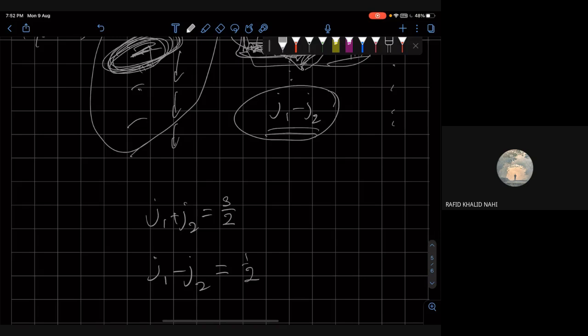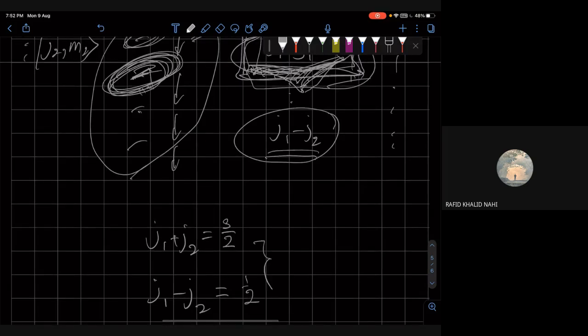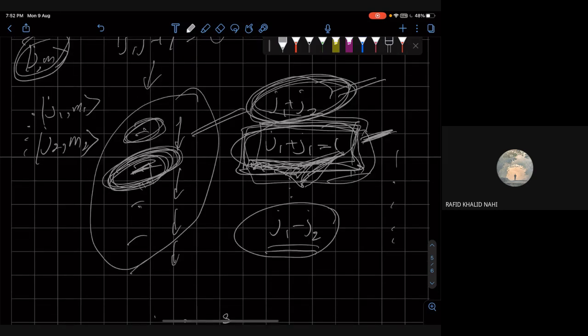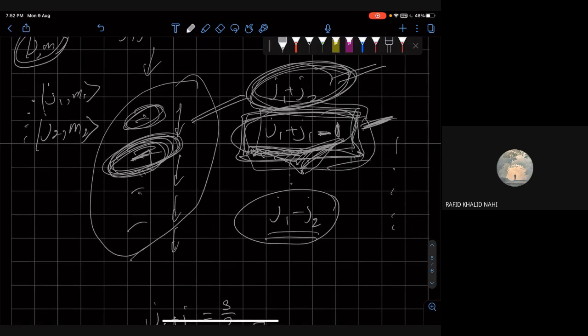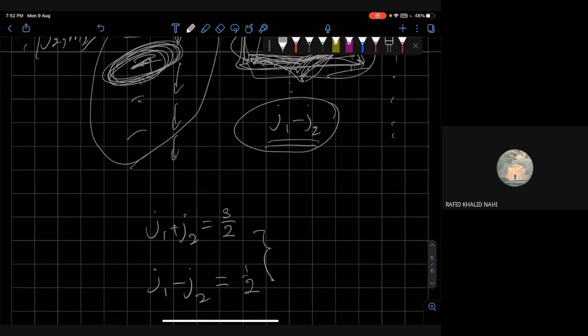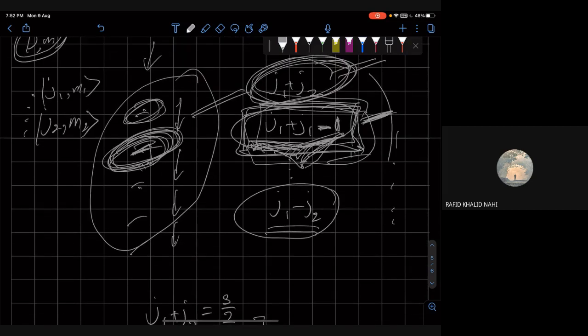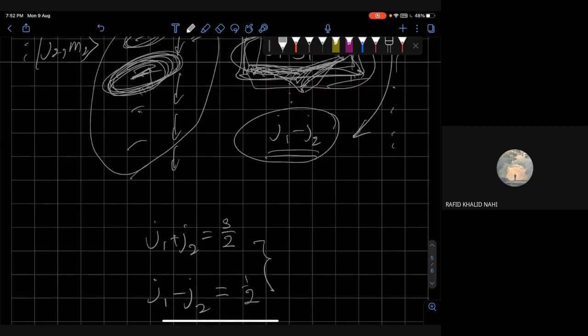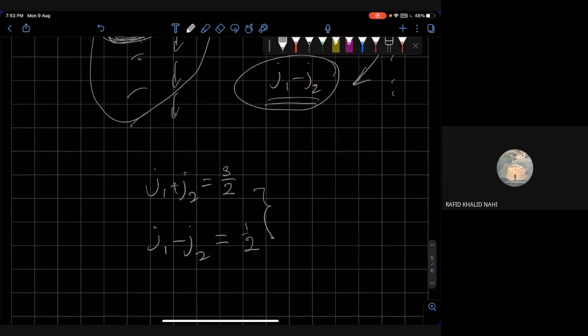It's half. Can you tell me how many multiplets you're going to get? Just two, because when you go down once, you are coming from here to here, so you're not going to be able to go further down. So there are only two multiplets, right?